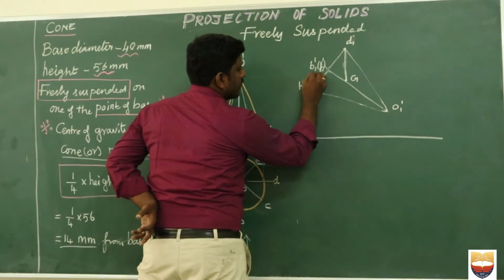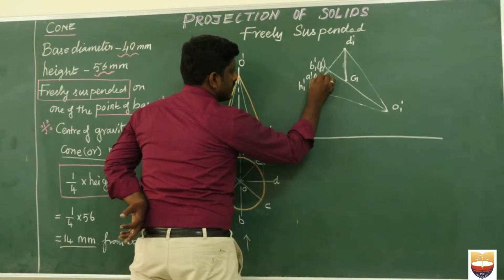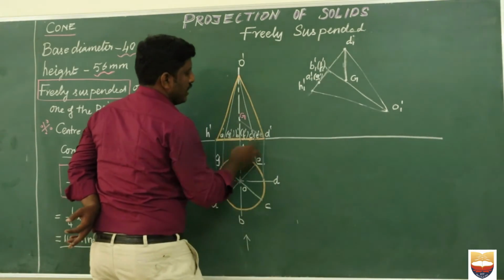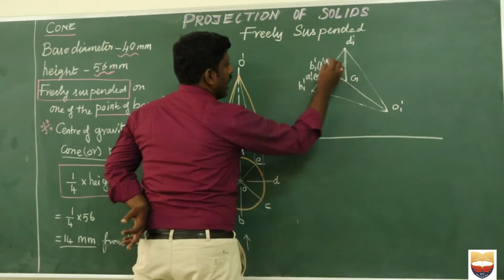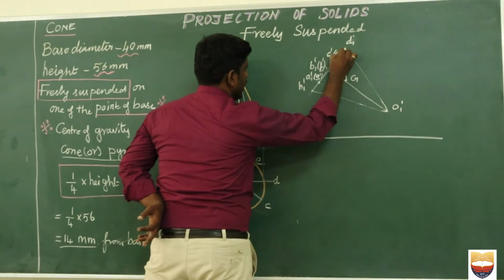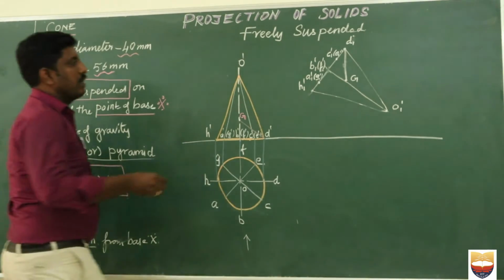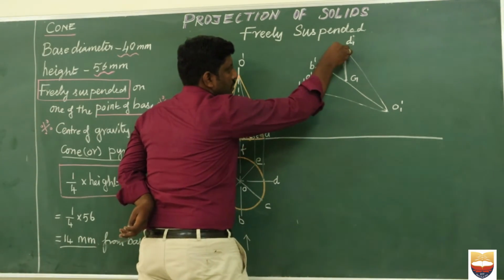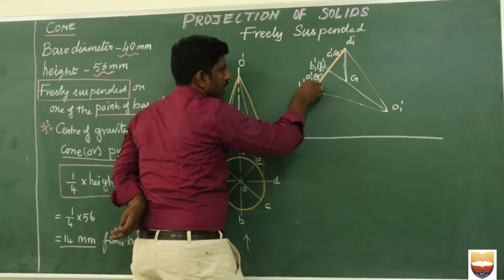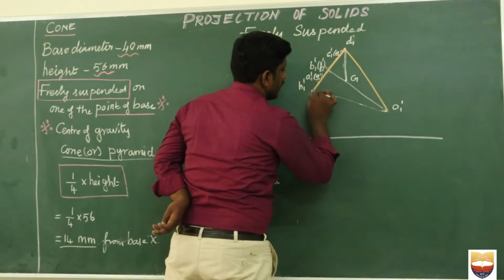So this is my A1 dash, within the bracket G1 dash. Similarly, from here I can measure it, and this is my C1 dash, within the bracket E1 dash. So let me complete this particular diagram.